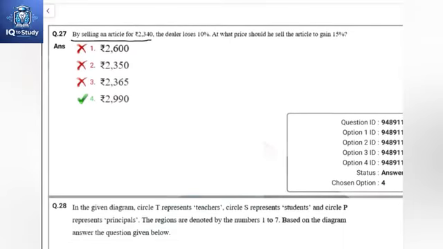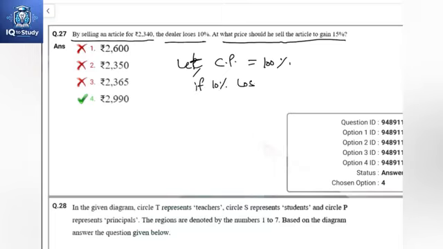By selling an article for 2340 rupees, the dealer loses 10%. At what price should he sell the article to gain 15%? Let cost price be equal to 100%. If 10% loss, then SP is equal to 90%.